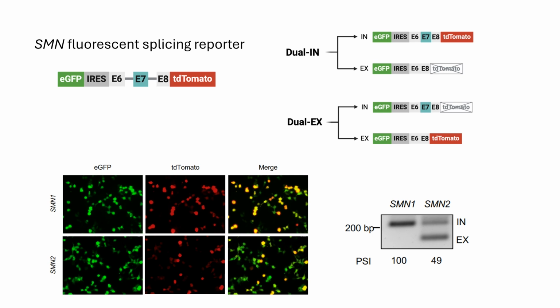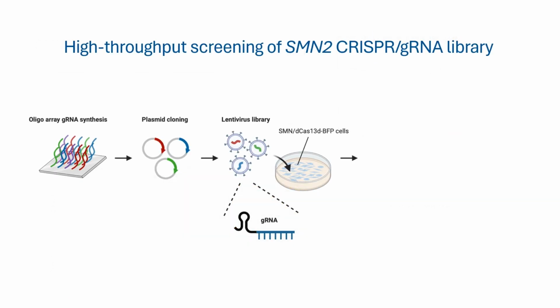For the actual screen, the splicing reporter is integrated into HEK cells together with the Cas protein. The transgenic cells are infected by a pooled guide RNA lentivirus library that tiles the entire minigene.